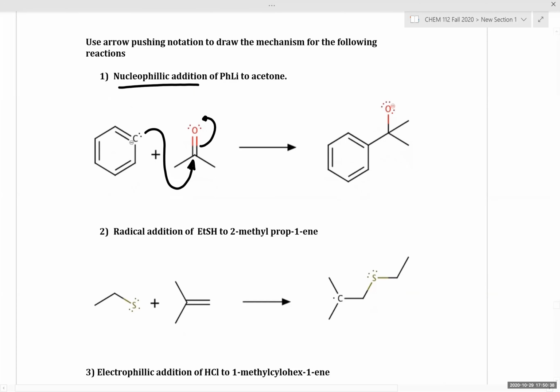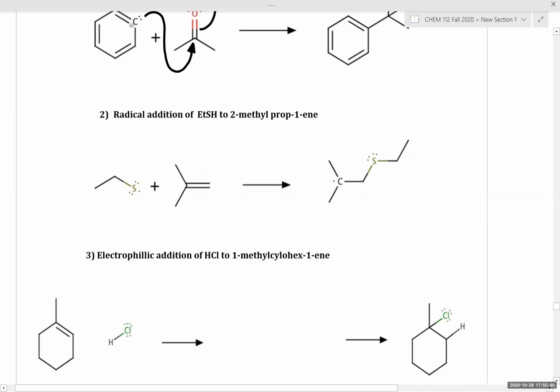Now let's try to draw arrow pushing notations for the radical addition reaction. So in radical addition, remember to show one electron motions, we have to use a fishhook arrow. So would someone like to attempt drawing the mechanism or drawing the first step for this radical addition reaction?